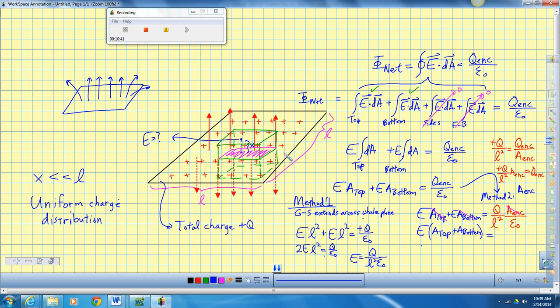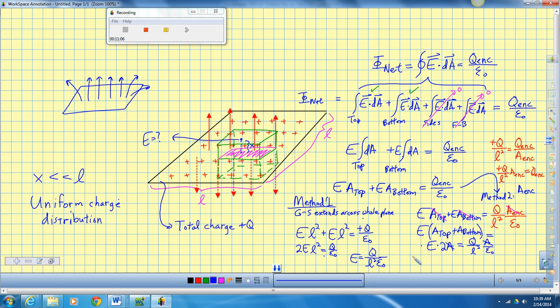Our top area, the area of the top of my prism, and the area of my bottom of my prism are the same. So this is E times 2 of that area. But that area, the area of the top of this, is the same as the area that is enclosed that has charge on it. So that equals Q over L squared A over E0, and that's the area I was canceling out.